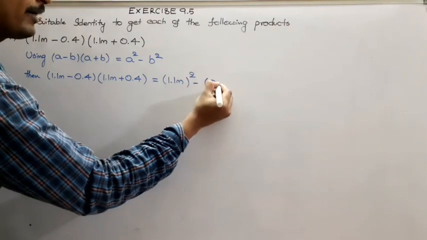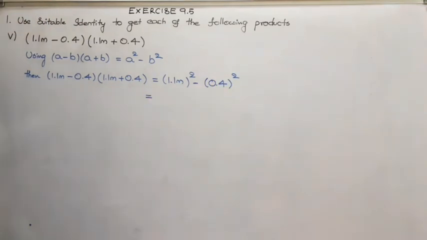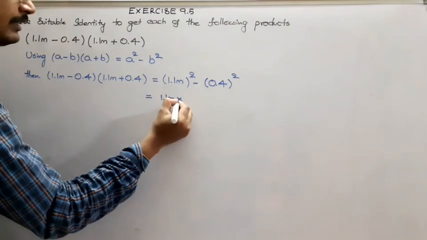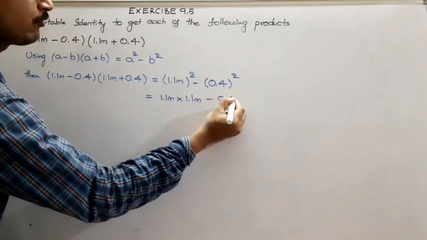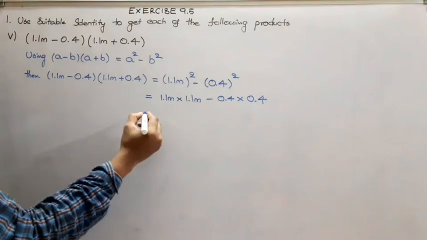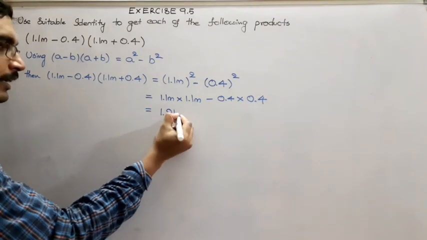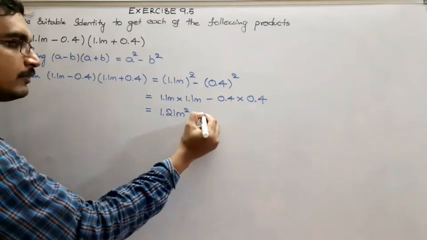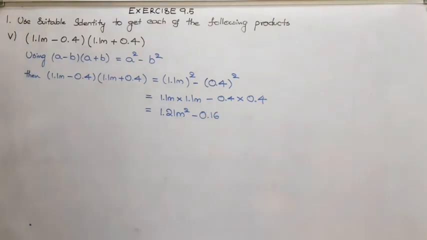So (0.4) whole square. 1.1 square, if you directly know, you can directly write minus 0.4 multiplied by 0.4. So 1.1 into 1.1 is 1.21, m into m is m square, minus 0.4 into 0.4 gives us 0.16.